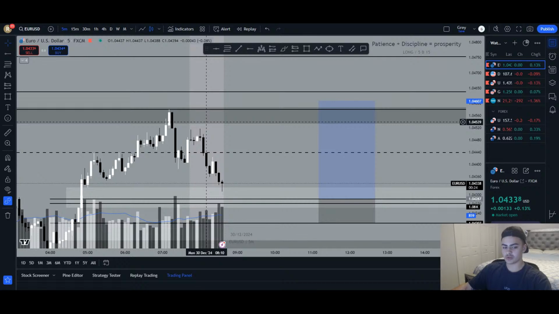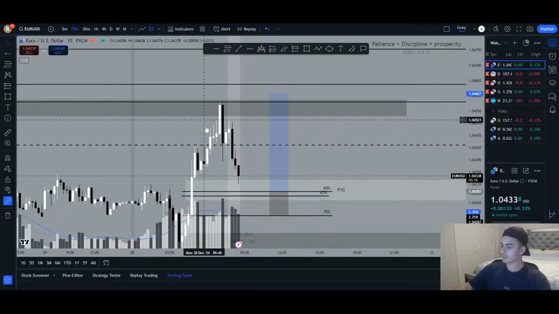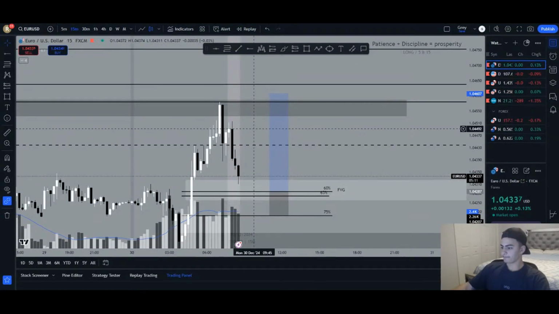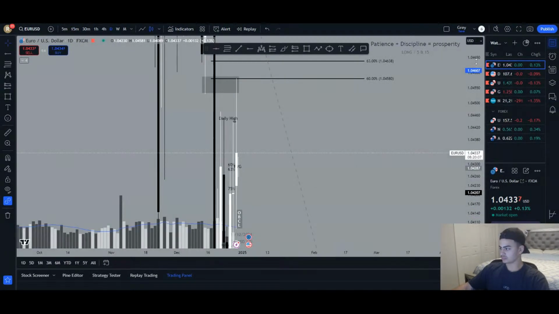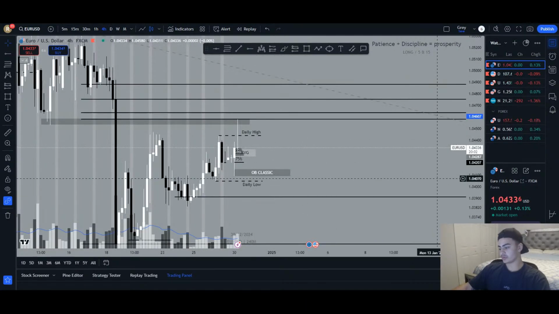That was actually a really good sell. In the 15-minute, what it did was it went back up, made a little tiny one to make the push down. And then the 4 hour is turning bearish.